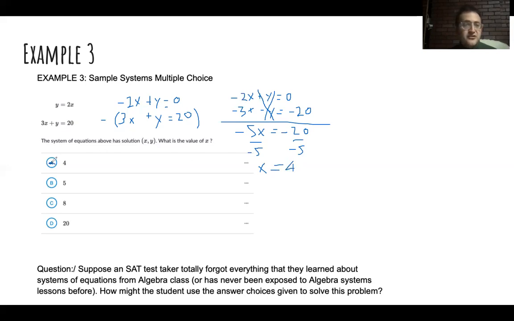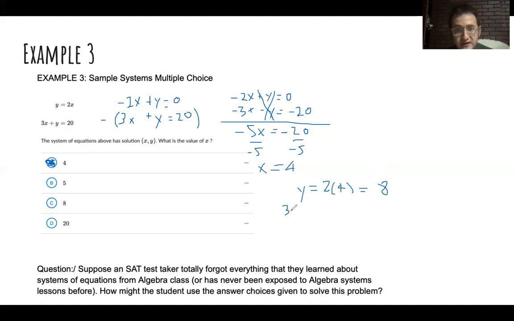Another thing that you could do is just plug in your answer choices. So let's say you plugged in 4. If I did y equals 2 times 4, that is equal to 8. So I know that y is equal to 8.